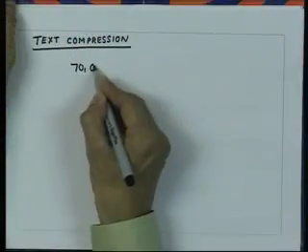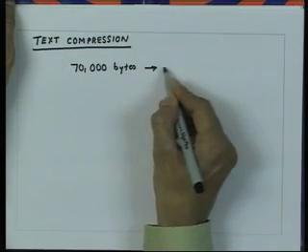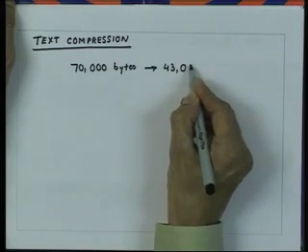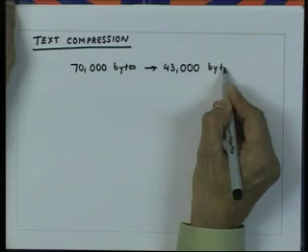Now, the simplest way to obtain the probability models is by counting the frequency of occurrence of letters in a document pertaining to a certain application, for example an English novel. In an experiment, a document consisting of 70,000 bytes was Huffman coded, and the result was represented by 43,000 bytes.